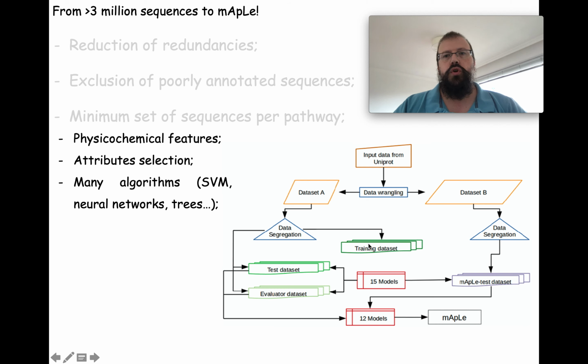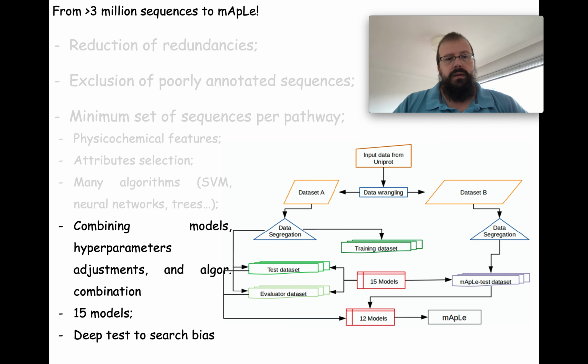The training set was used to create the models per se, and the test set, evaluator set, and mApLe test set were used to evaluate the performance of these models and to make more in-depth adjustments. After selecting the algorithms, we combined the models.